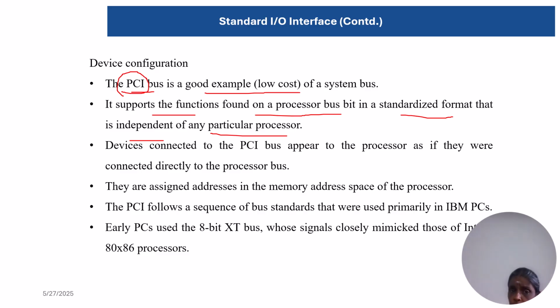Devices connected to the PCI bus appear to the processor, and this is important, as if they were connected directly to the processor bus. When devices are connected to the processor through PCI, the processor has the feeling that the devices are connected to it directly, but actually they are not; they are connected through the PCI bus only. So this is another reason why the PCI bus is used in general.